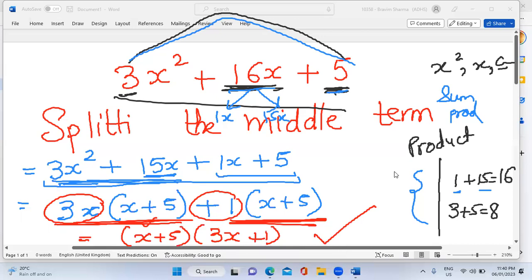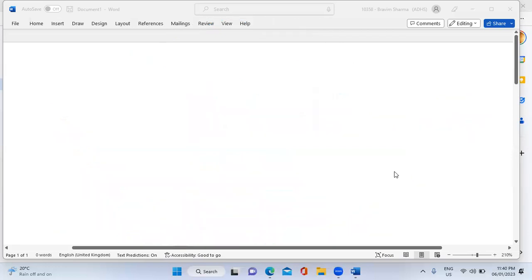Now let's take one more example. In the previous example I took both the signs as positive, but these signs can be negative as well. Let's say the question is 4x squared minus 12x minus 7.